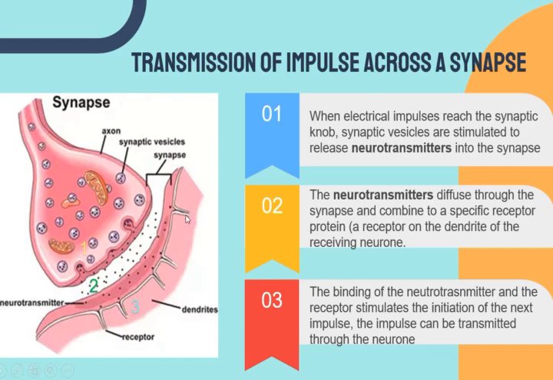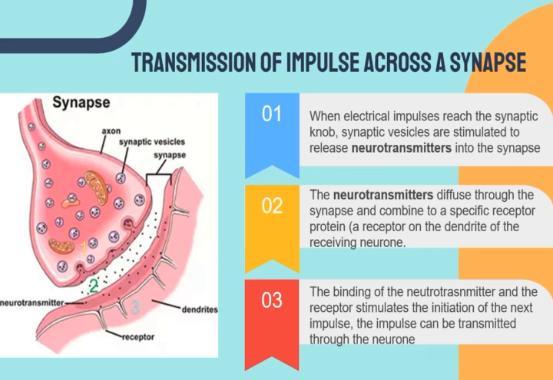Make sure you understand what we learned today. We learned about the structures of the neuron and also the types of the neuron and their functions. Next, we learned about the synapse.